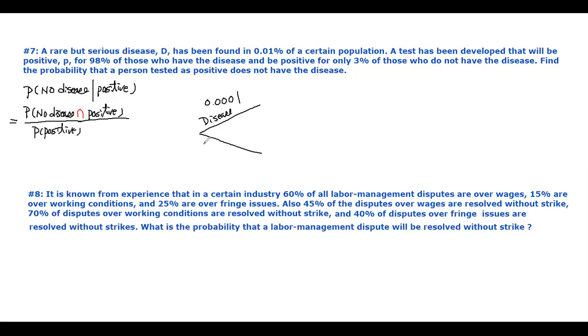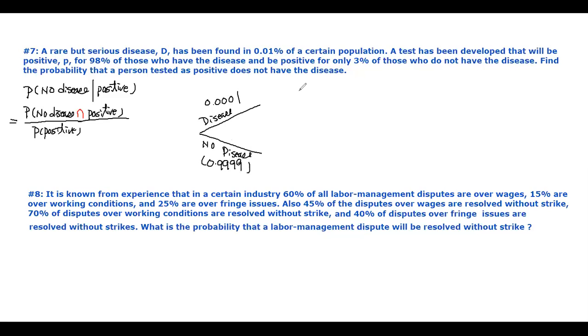Then this branch is no disease. If 0.0001 have the disease, what is no disease? It's 0.9999, right? So this is the disease branch.